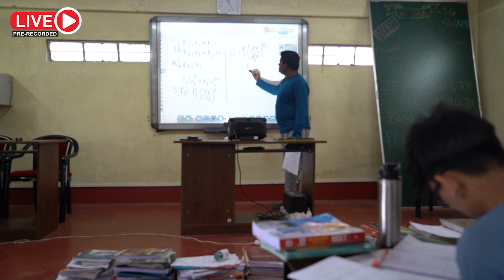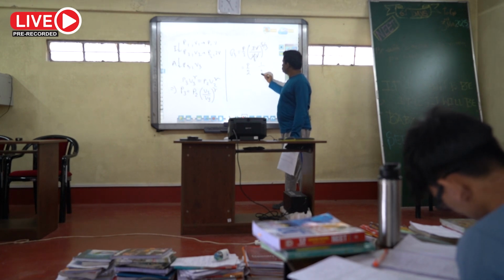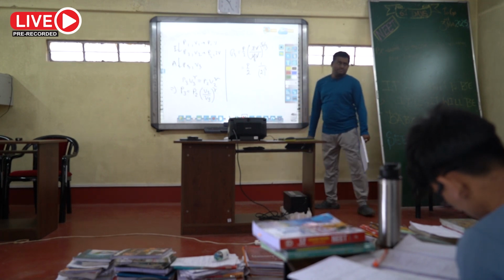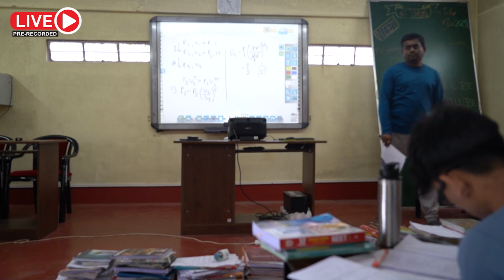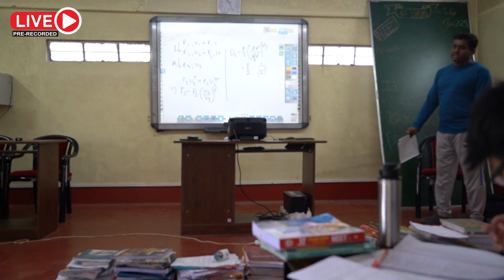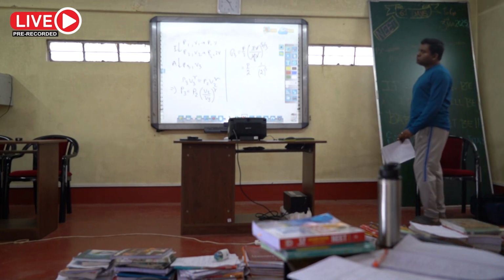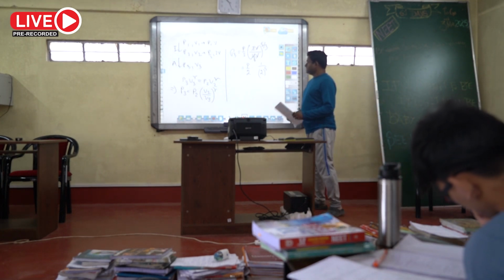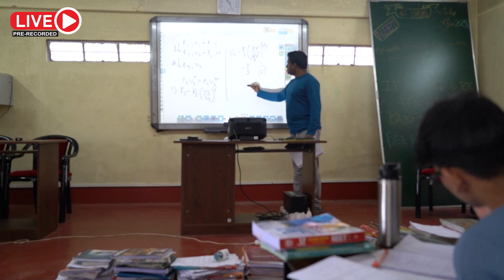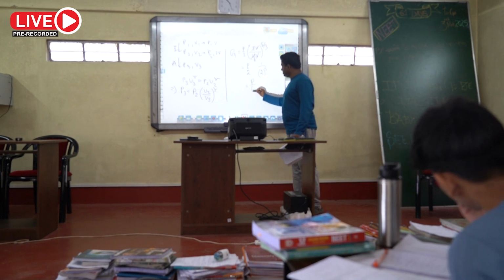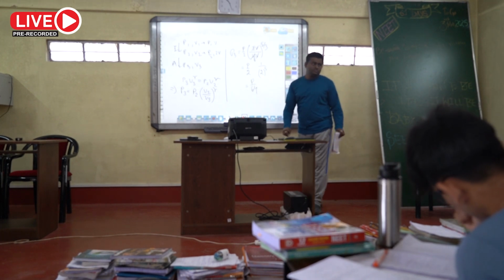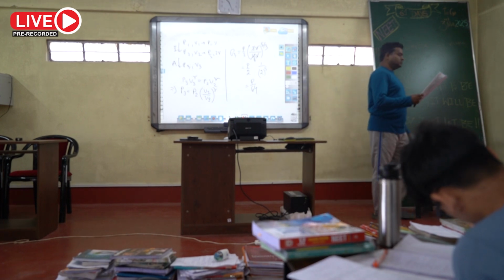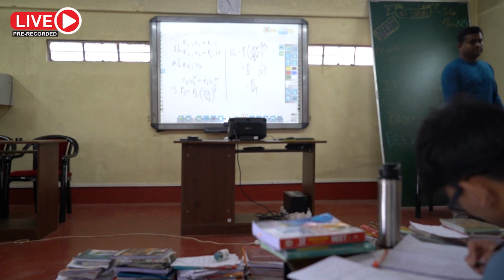So it is P by 2 into 1 by 2 to the power 3 into 5 by 3. So it is 2 to the power 5. That means 2 to the power 6 will come, 2 to the power 6 will be 64. So it is P by 64.